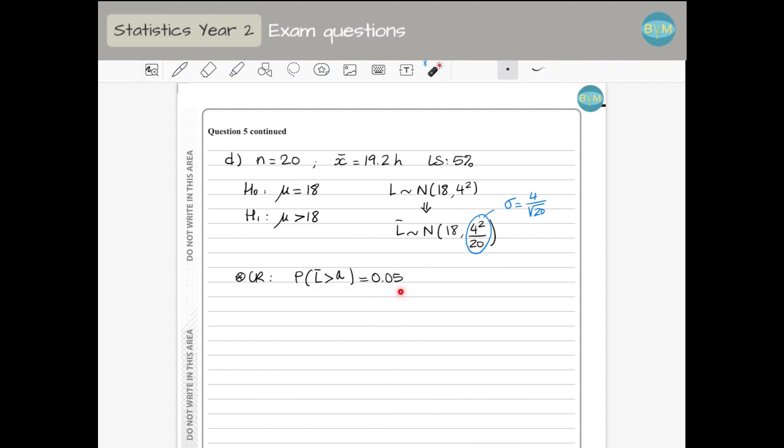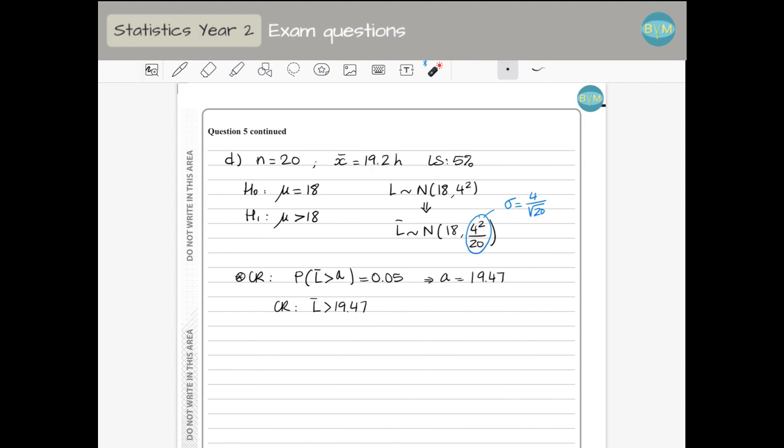We can use inverse normal to find this value of A, but you have to be careful with your parameters. You use inverse normal, the area is 0.05, this is the mean, this is the standard deviation, and then you find A. You get 19.47, which means the critical region is the mean greater than 19.47.